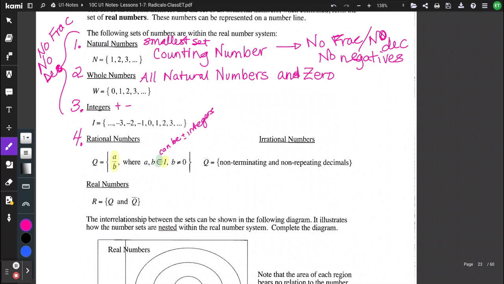But then it tells us something specific about the b number on the bottom. You can never have your fraction have a 0 on the bottom. So that's what this is indicating. b cannot be 0.